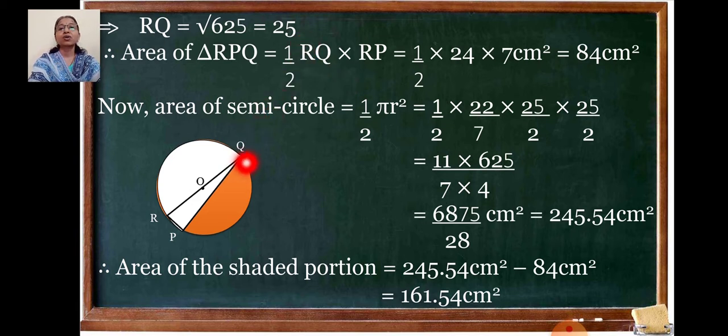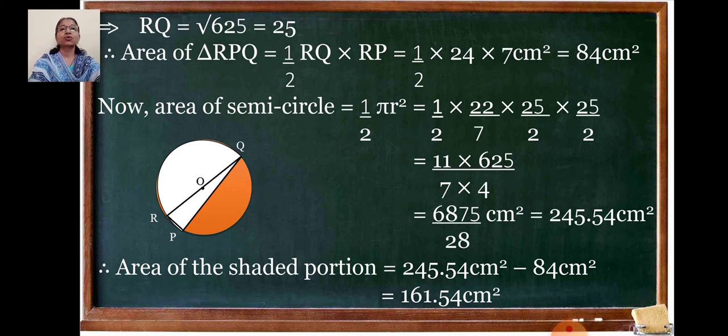Right. So now to get this shaded region area, what will we do? We will find out the area of this triangle RQP. We will also find out the area of this semicircle, and from the semicircle's area we will subtract the triangle's area, so that you will get the area of the shaded region.